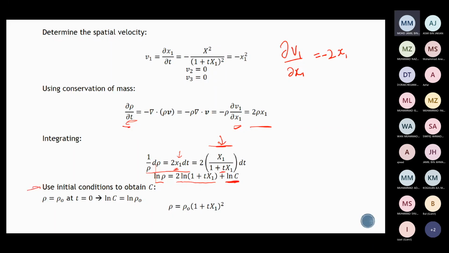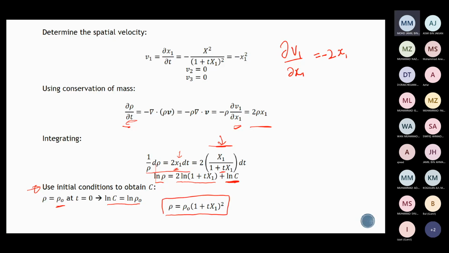And then using initial condition, so let's say at time 0, the initial density is rho naught. So you just substitute in here. So you get ln c equals ln rho naught. And then try to simplify, you get this final answer.